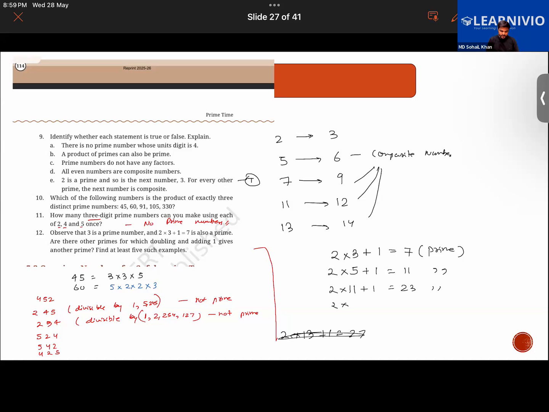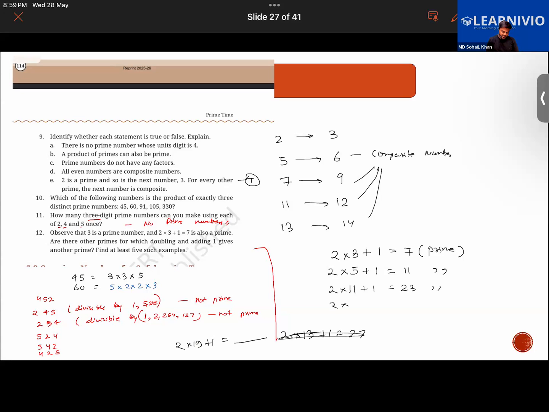Which one is possible after 11? How about 17? 17 times 2 is 34, 34 plus 1 is 35. No. After 17, how about 19? Two 19s are 38, 38 plus 1 gives you 39.